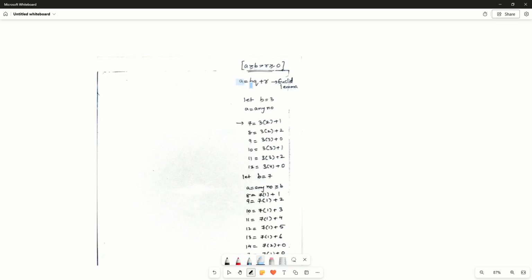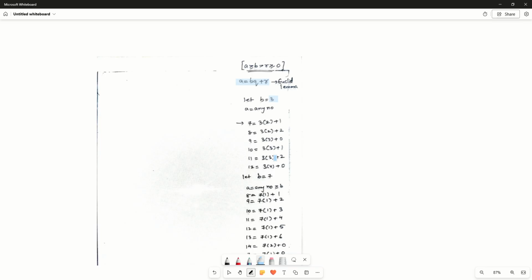In this form, I am mentioning any number 6, 7, 8, 9, 10, 11, 12, and so on. If you take any number, you will end up having the remainders 1, 2, 0, 1, 2, 0, likewise. So b, as you can see, is 3, and r we can take as 0, 1, 2 values. That's it. r cannot be equal to 3.